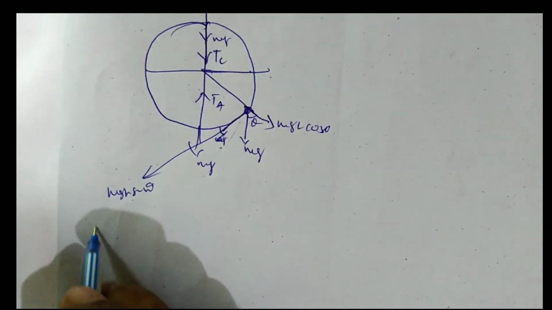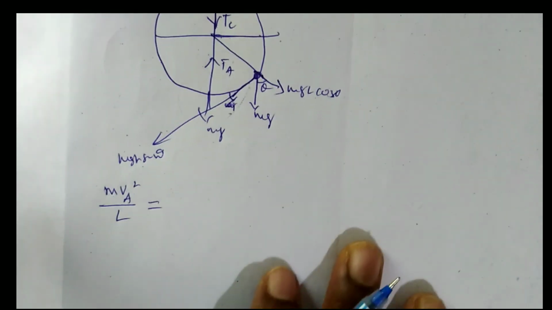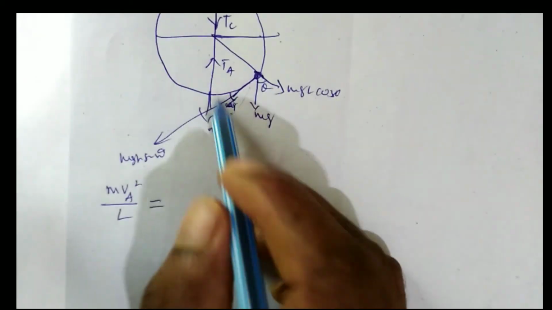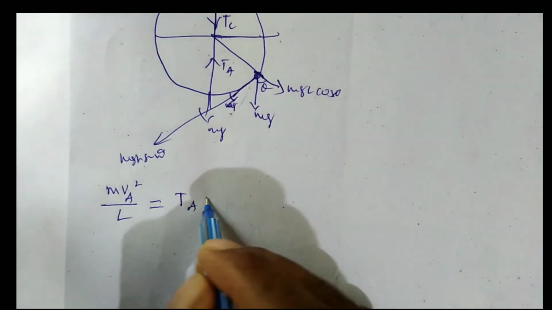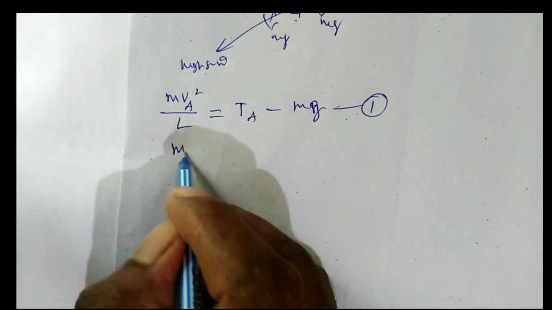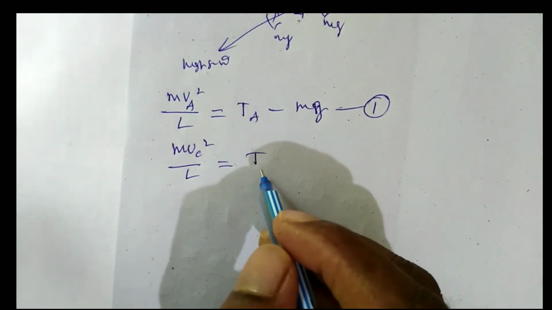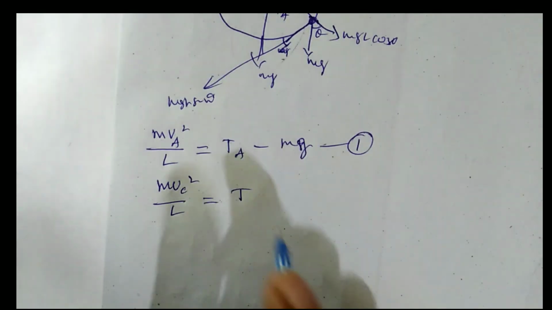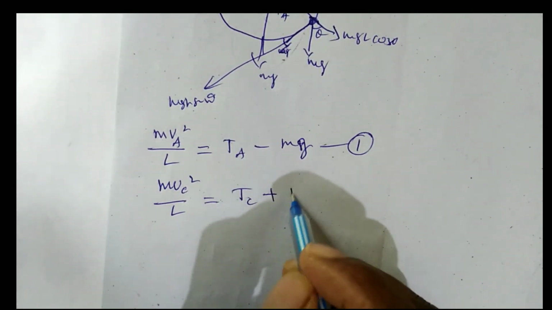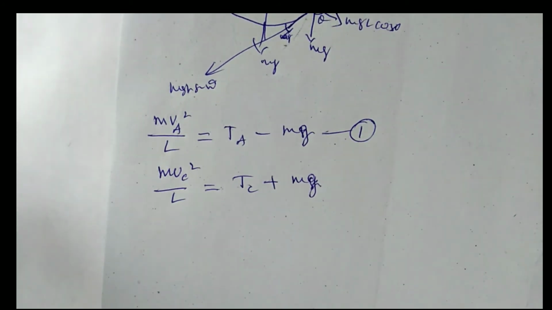If you write down here, mva square by L, which is equal to Ta minus mg. That is one equation. The second equation for the C case, mvc square by L, which is equal to Tc plus mg. Okay, this is the force equation, the net force equations.